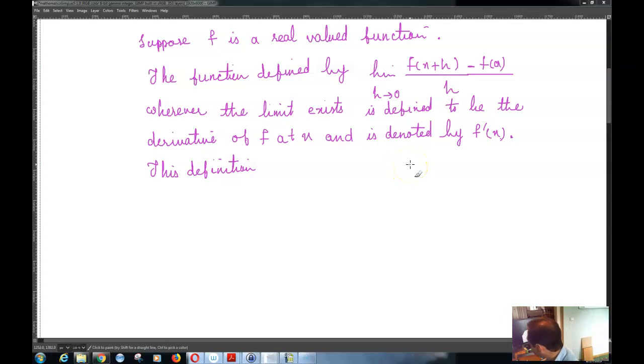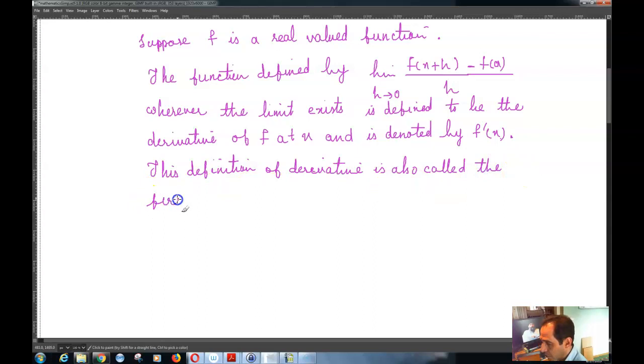Now this definition of derivative is also called the first principle of derivative.